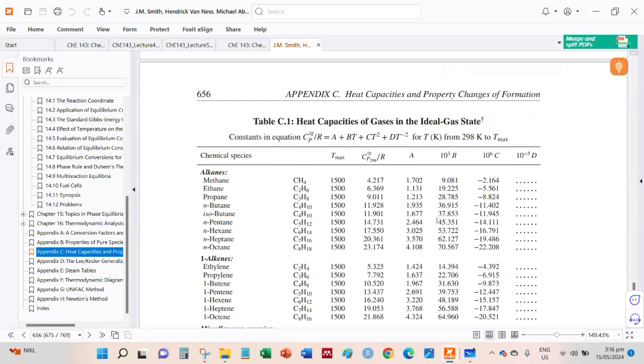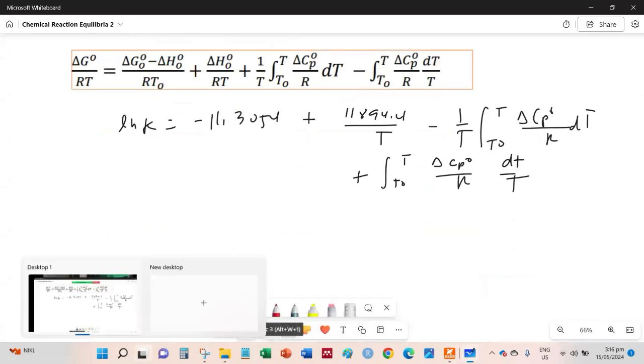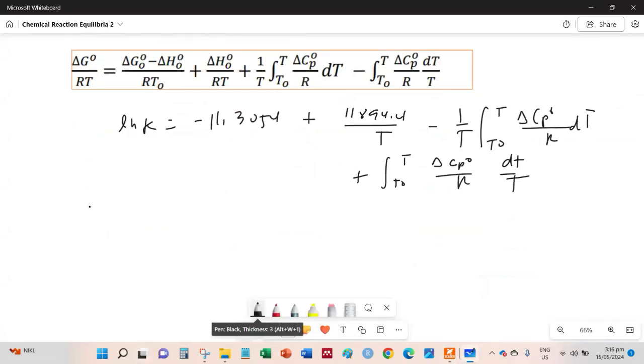And just like how we solved example 4, we get the delta A, delta B, delta C, delta D. I hope you remember example 4. So calculate delta A, delta B, delta C, delta D using data from table C.1.